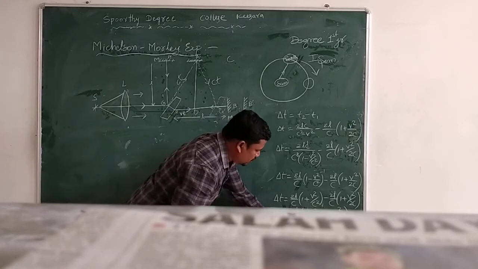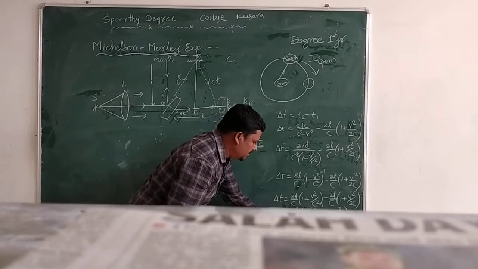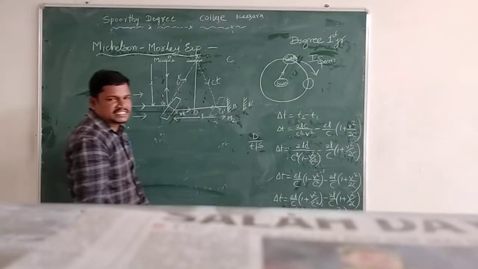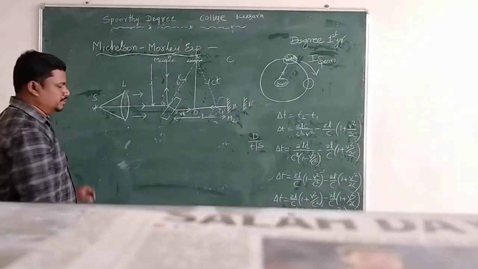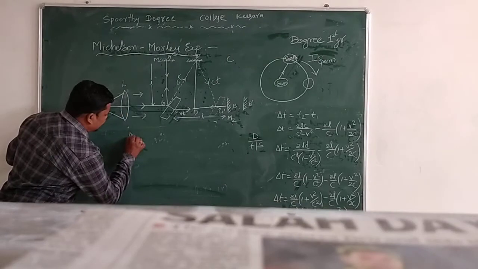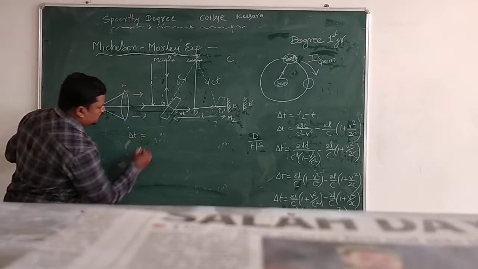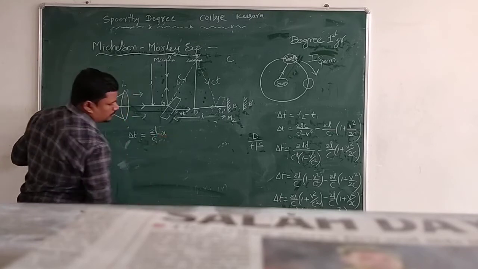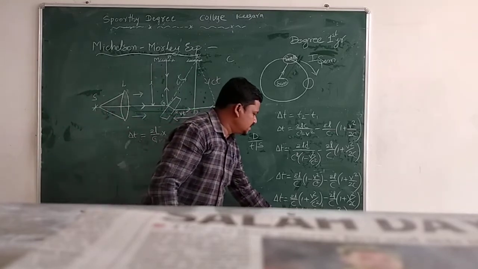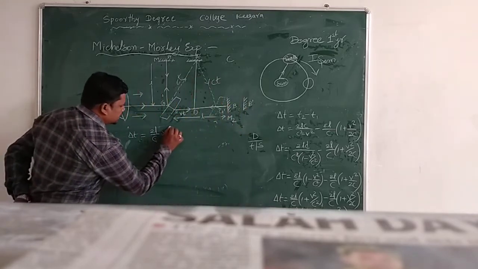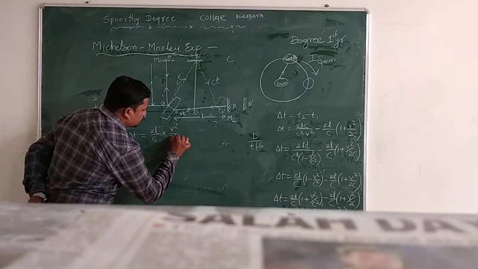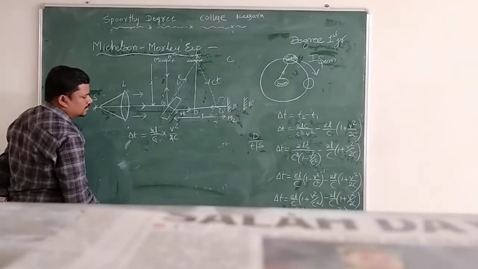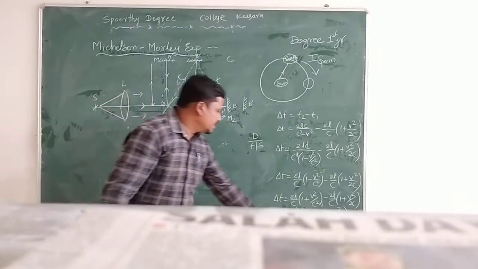This is the V square by C square. For example, this is 1 minus 1 by 2, and 1 minus 1 by 2 is plus 1 by 2. Then delta t equal to 2L by C into plus 1 by 2, that means V square by 2C. 2 cancel.